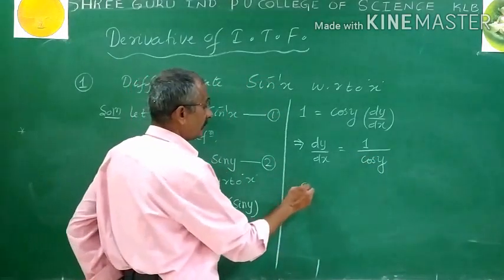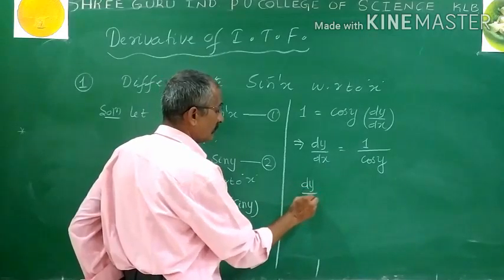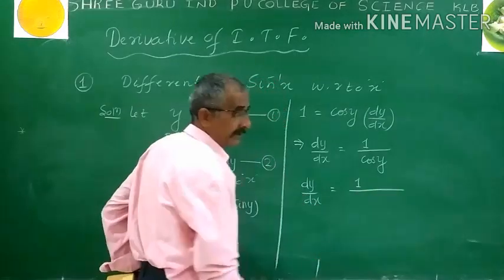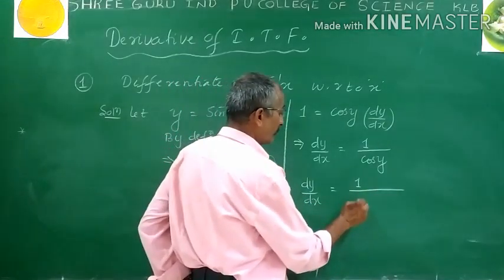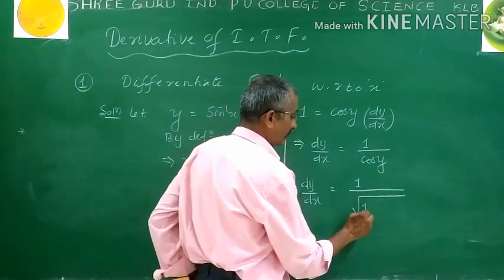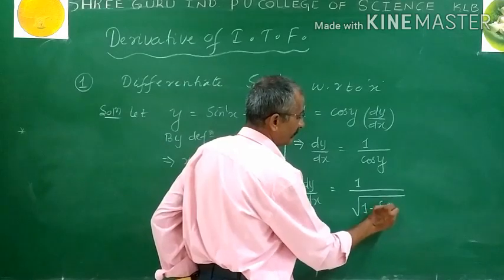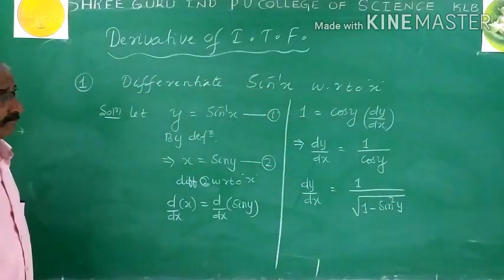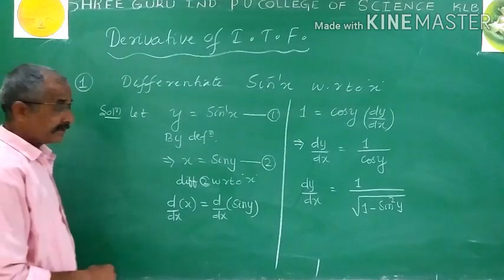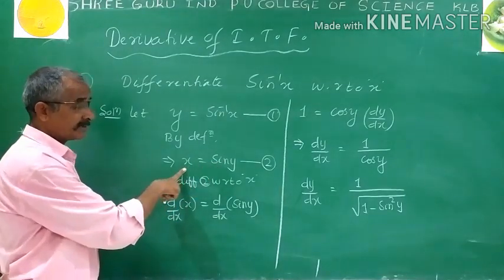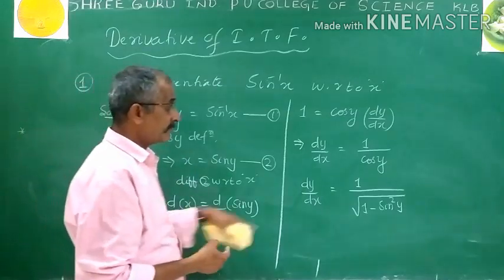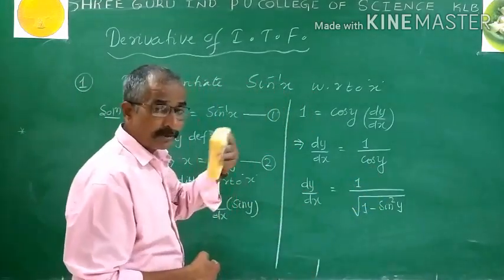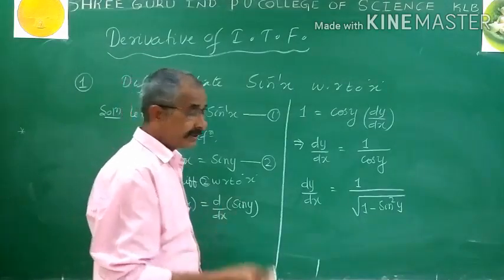Or dy by dx equals 1 divided by cos y. Cos y can be written as root of 1 minus sine square y. This step is quite essential because we started from the equation sin y equal to x. To get back our answer in terms of x, let's write cos y as under root of 1 minus sine square y using the trigonometry formula.